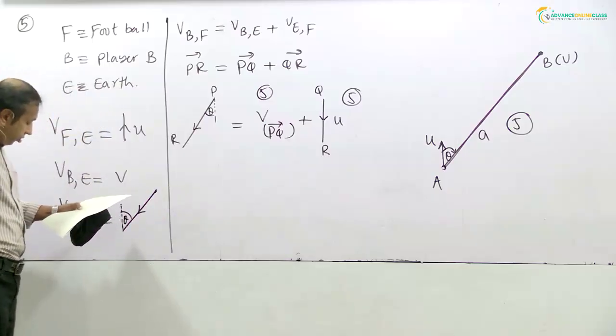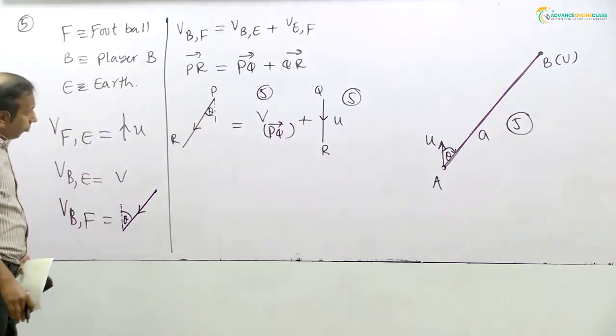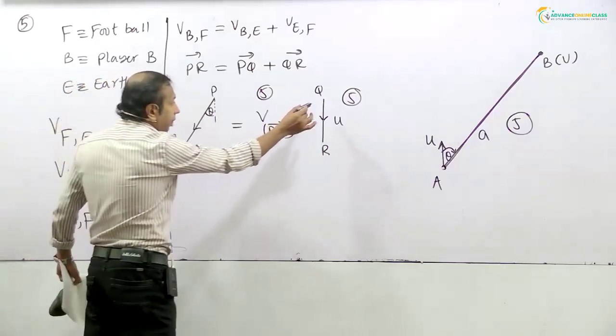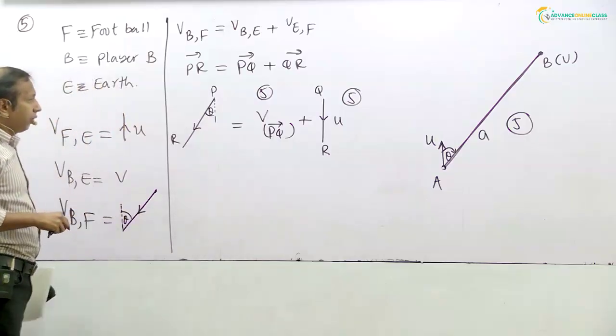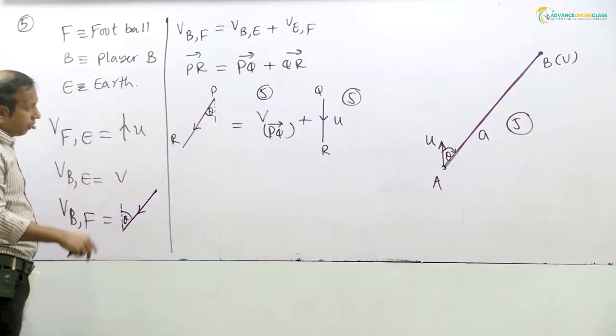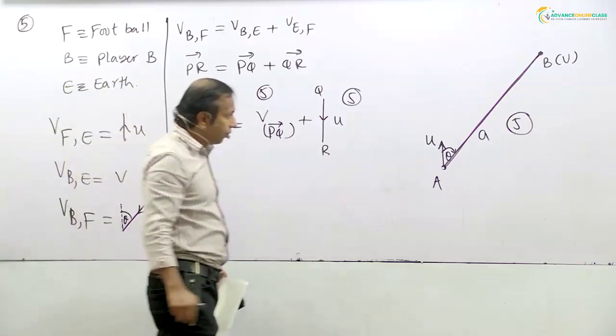Now, what do we do there? We can take Q as the center, radius as V, and draw a circle, or we can just draw a triangle. We'll draw a circle.